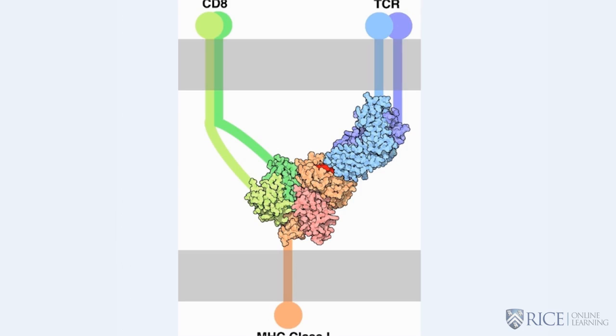In this case, the TC cell is up at the top, and the presenting cell, displaying cell is down here at the bottom. In this case, you would have any one of a number of different kinds, most of the cells in your body displaying an antigen, shown here. The TCR is binding to that antigen, which implies that antigen is of some foreign origin, or there wouldn't be a TCR to recognize it.